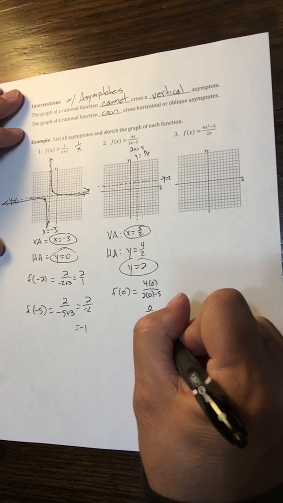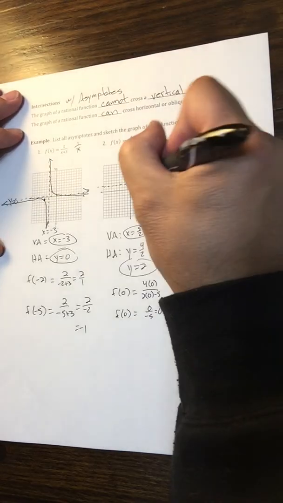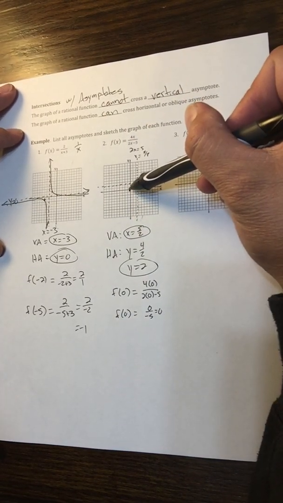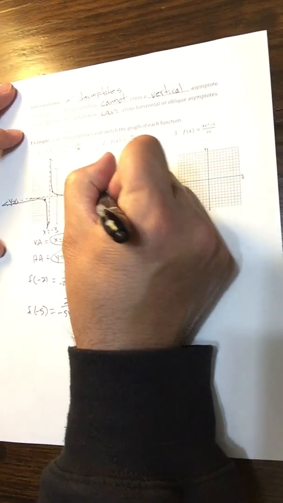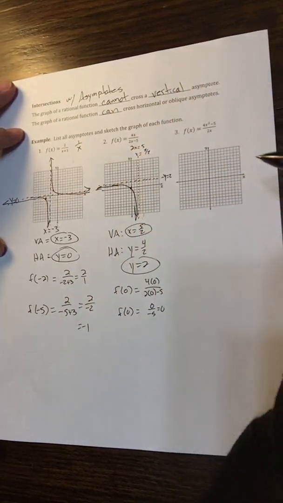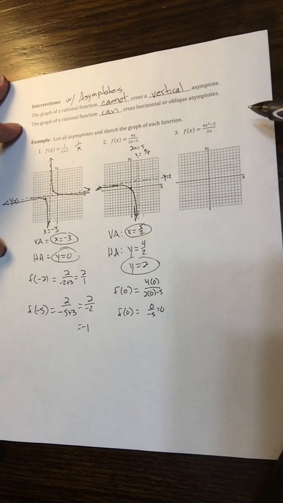That's 0 over -5. F of 0 is equal to 0. So I'm at the origin. Isn't that a suggestion that the graph is not up here, it's down here. So I'm going to stay below this horizontal asymptote of y equals 2, go through that point, and then I'll go down towards the vertical asymptote.